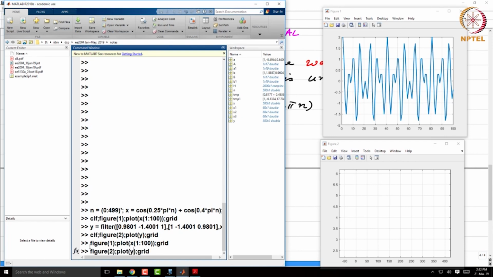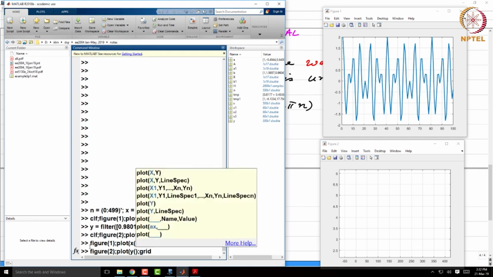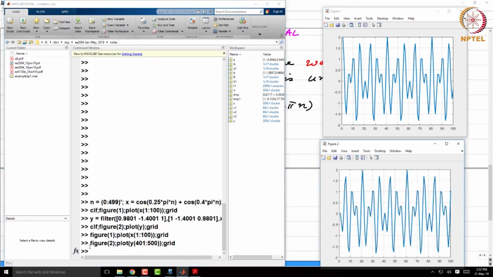Now, let me plot the last 100 samples, from 401 to 500. So, this is the output, and if you look at these two, you see that the wave shape is very different.